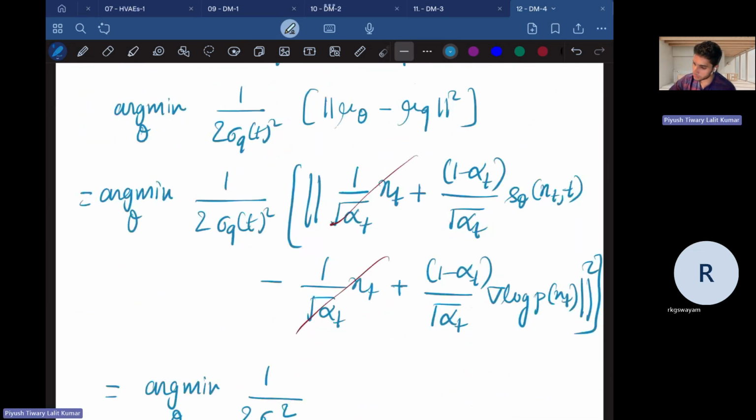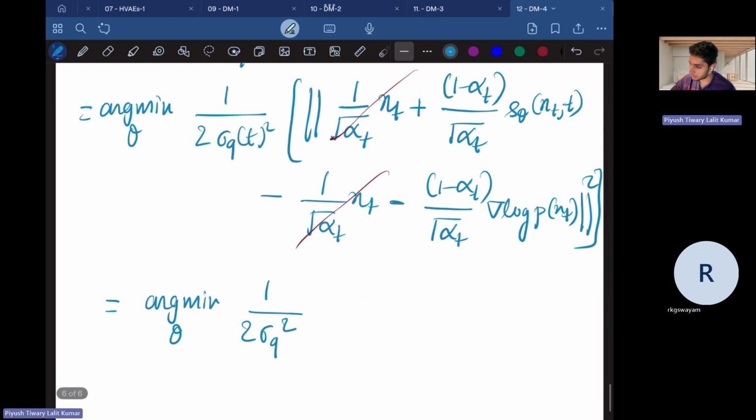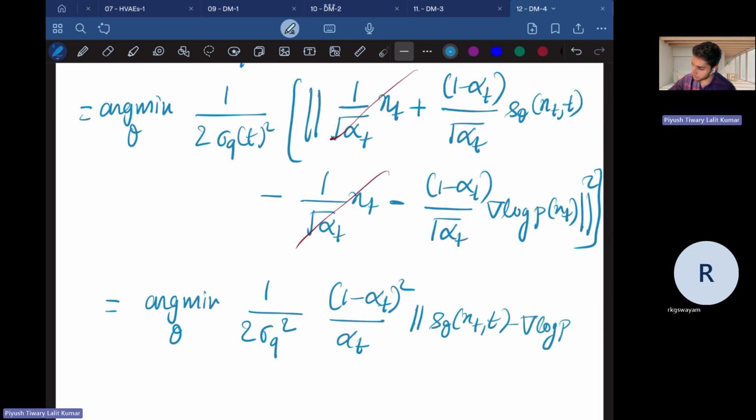The constants are 1 minus alpha t whole square by alpha t, norm of s theta of xt comma t minus grad log p of xt, whole square.